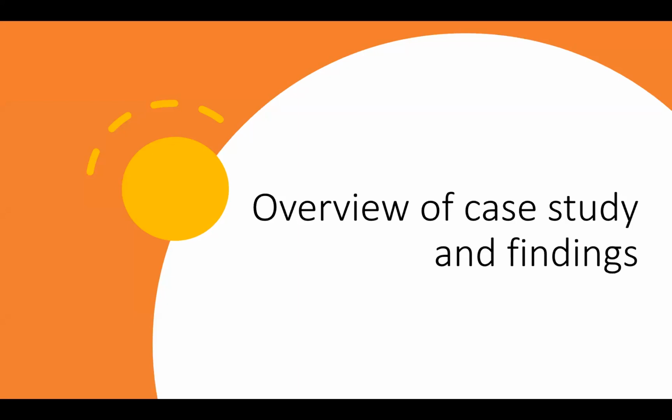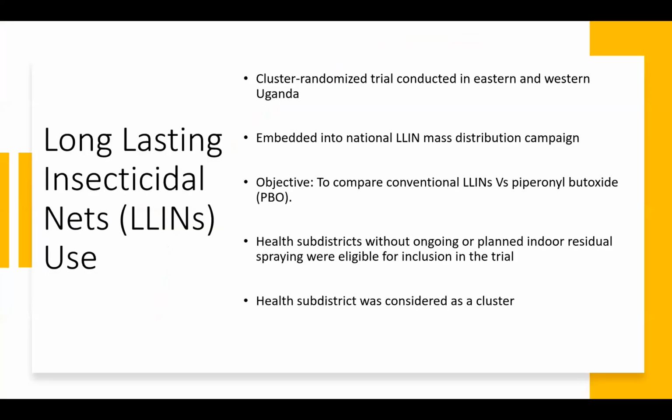As an overview of the data set we used, and to share our findings briefly, we used secondary data from a cluster randomized trial conducted in the eastern and western parts of Uganda.